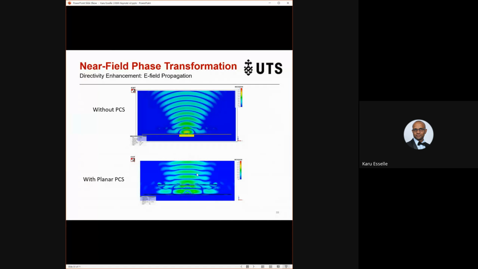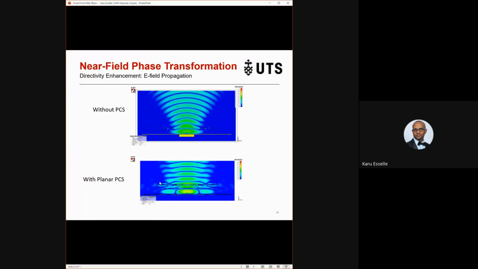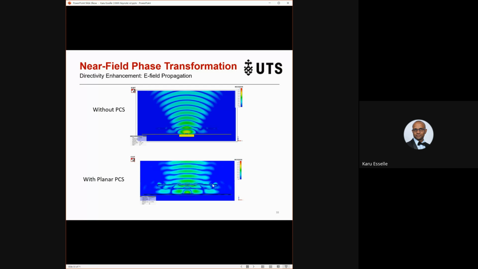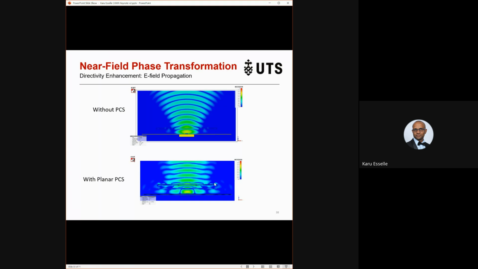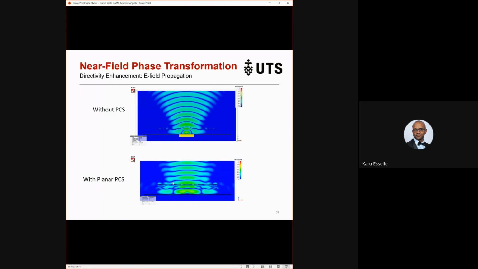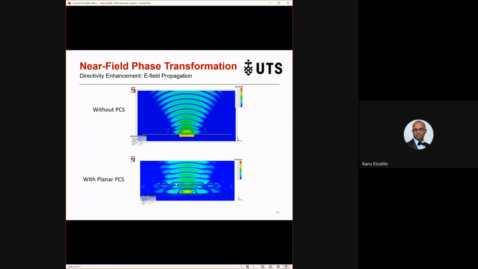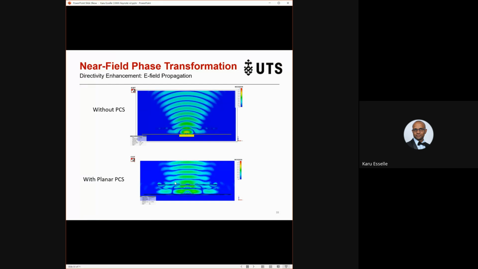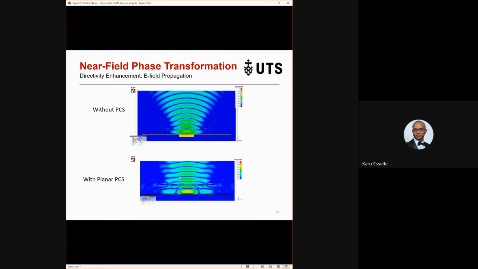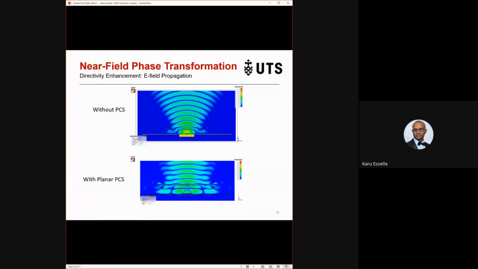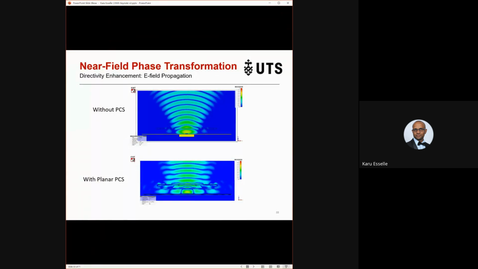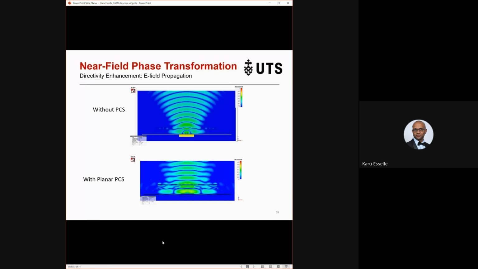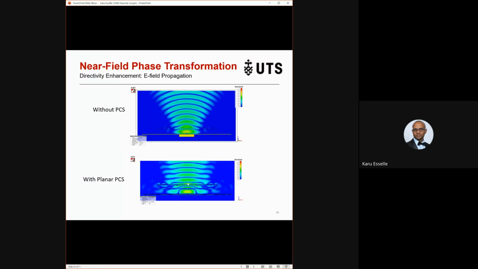We don't want that. After phase correction, with the planar phase correction structure that we call metasurface now, you can see the phase fronts are almost flat. Phase fronts are parallel to the antenna. That means uniform phase across the aperture, or at least most of the aperture, where the field strength is high.